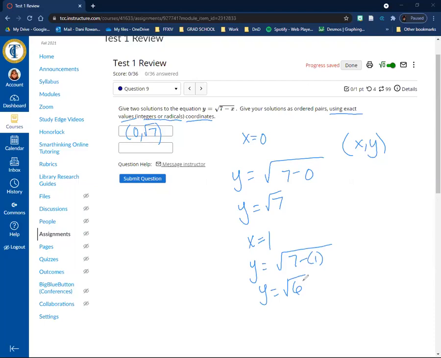Really not, because 2 times 3 is 6, but there's nothing we can pull out. So this one, our x value is 1 and our y value is square root of 6. The only thing you have to be careful about is picking a number that's not in the domain. But usually if you choose something like x is 0 or 1, it shouldn't be an issue.